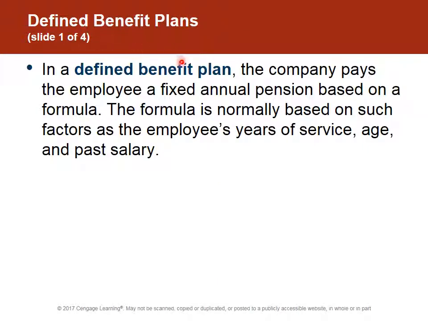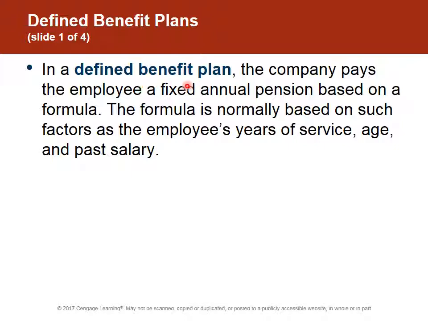A defined benefit plan is less frequently seen, but in this type of plan, the benefits of retirement are defined. For example, for some individuals, it may be that after 20 years of employment, the employee will receive 75% of the average of their last 5 years' pay. So the benefit of the retirement has been established.